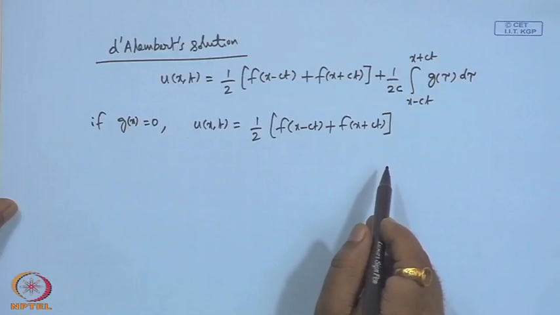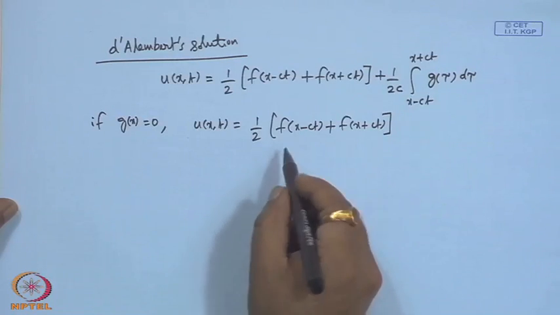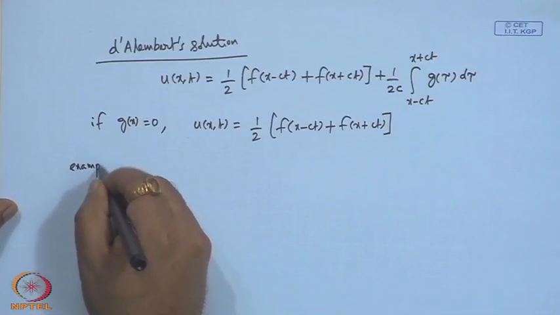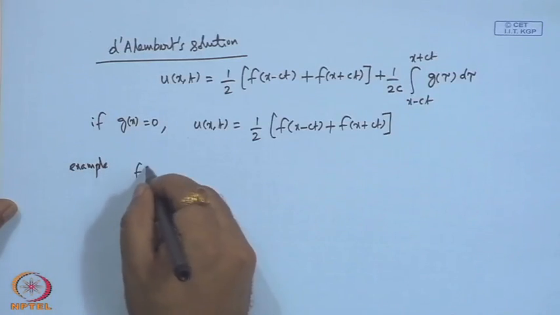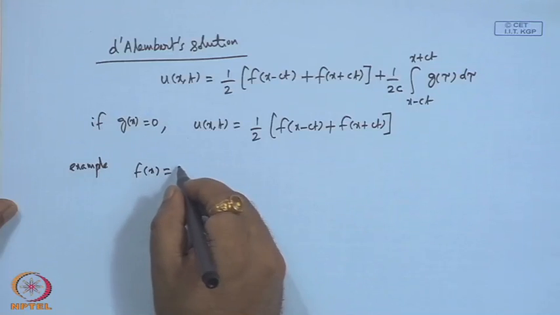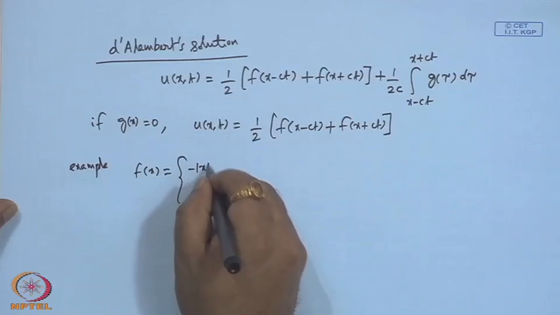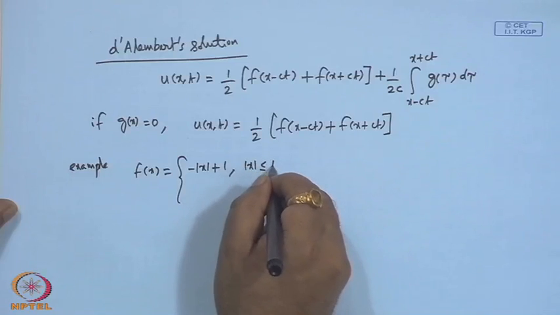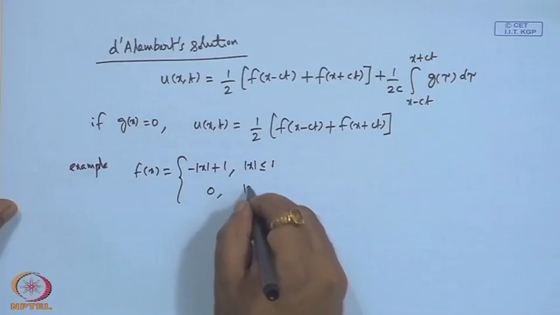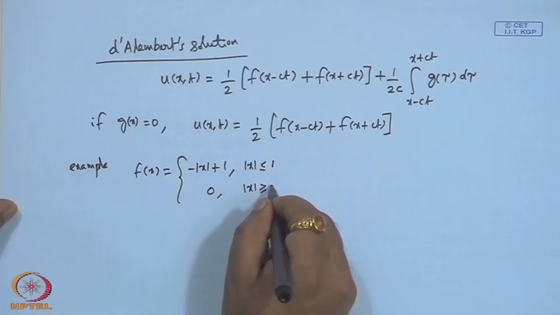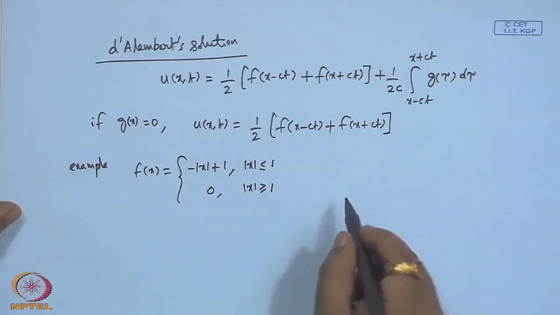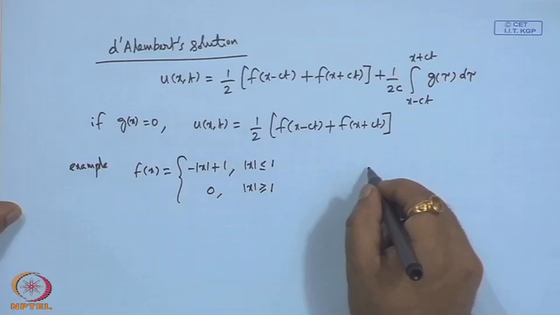So, for example, let us consider some initial profile, say f of x is given by this. If such a profile is given, then what would happen?